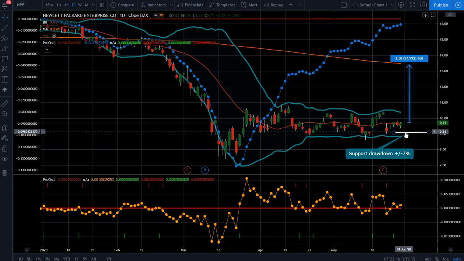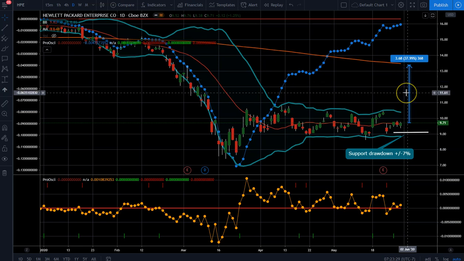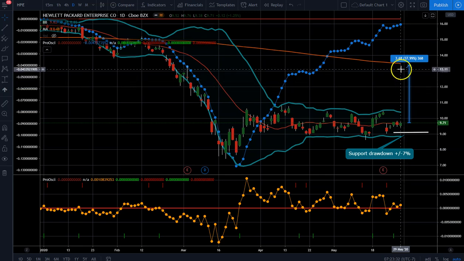And if we do cross above the zero line, then we would expect price to not only clear this $10.50 level right in here, but once we do, then you can see a pretty big move back to the upside, potentially testing that 200-day moving average.